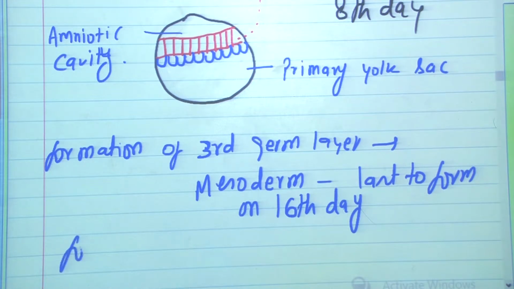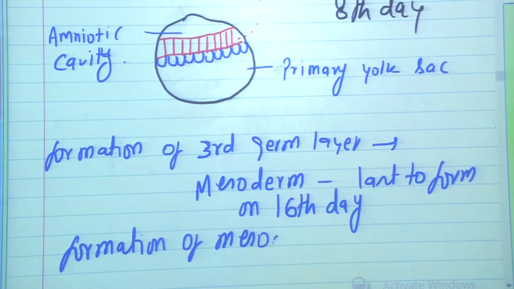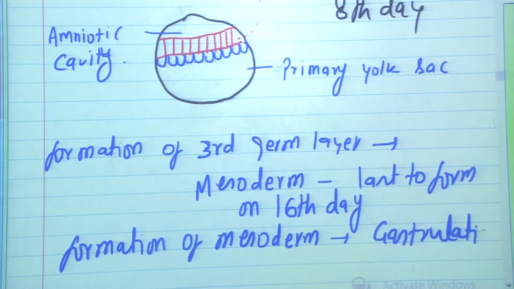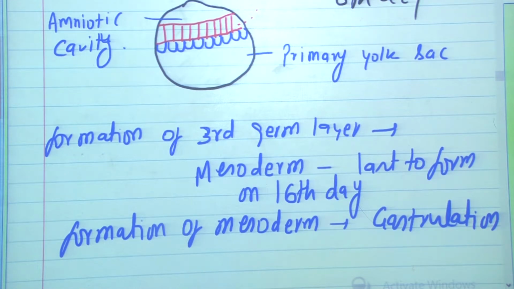Formation of mesoderm is known as gastrulation. Now see how the third germ layer is formed.